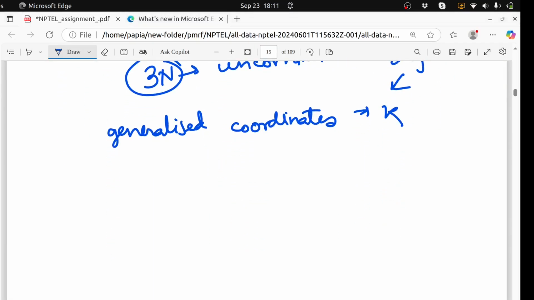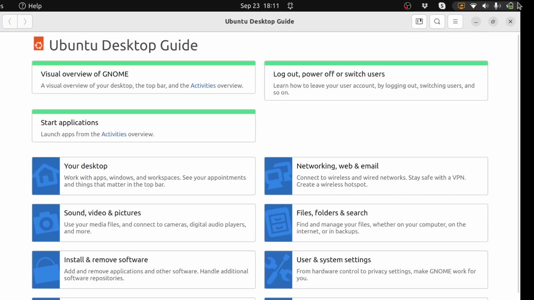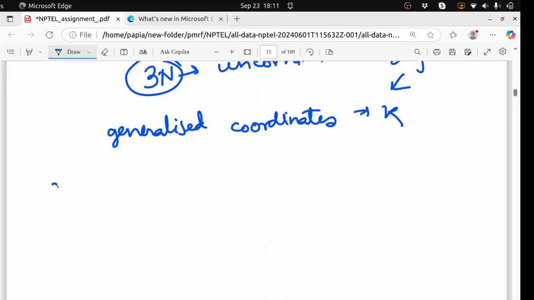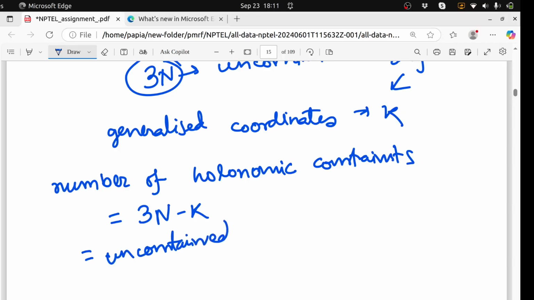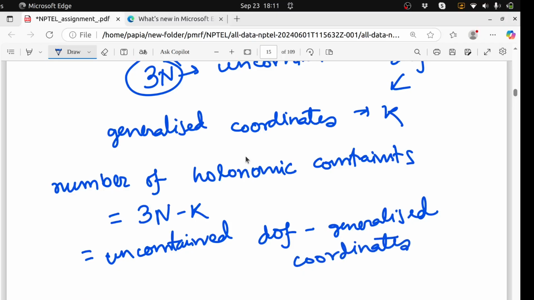Then the number of holonomic constraints is equal to 3n minus k. So that means unconstrained DOF minus generalized coordinates is the number of holonomic constraints.